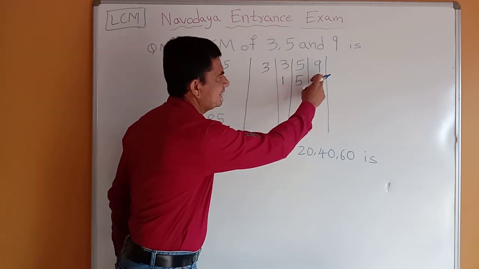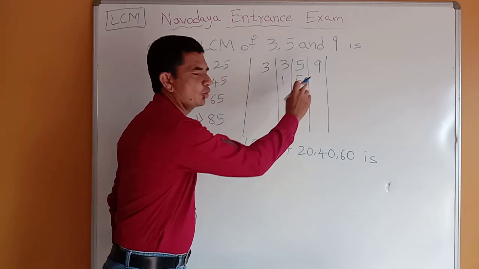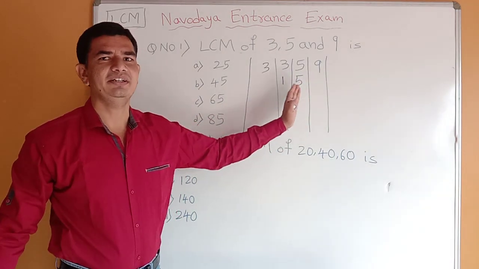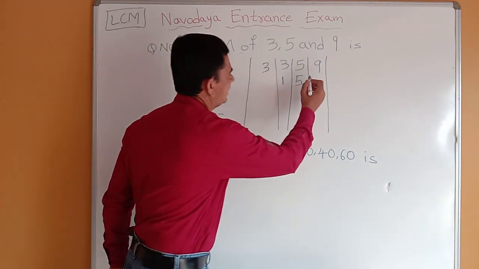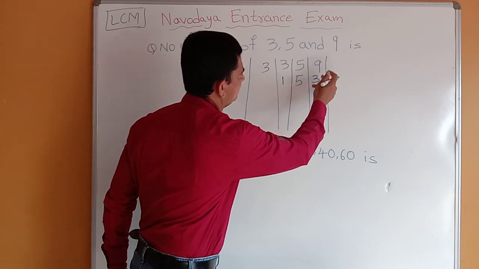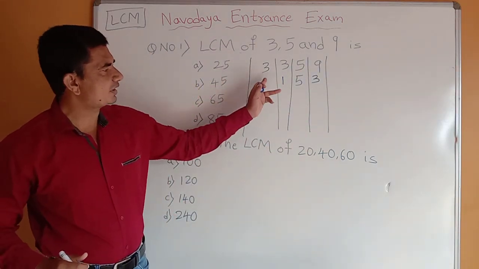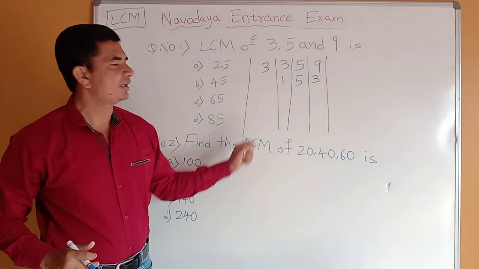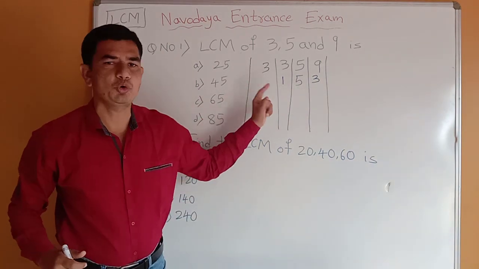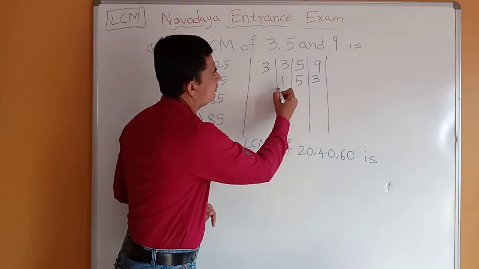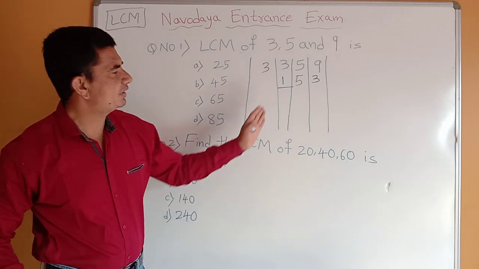Next 9 is there. We have to check whether 9 is in the 3 table. 3 threes are 9, so 9 is present in the 3 table. So we write 3 threes are 9. Now 5 is there and 3 is there. Here we got 1, so we can stop that one.